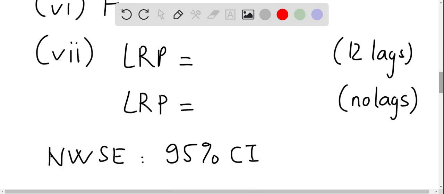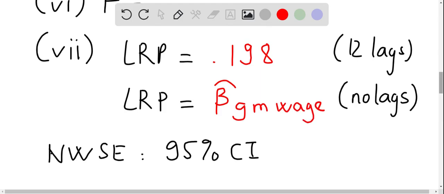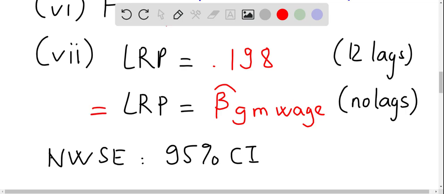Part 7. With 12 lags, the estimated long-run propensity is about 0.198, and without the lags, the estimated LRP is just the coefficient on the growth of minimum wage, which is 0.151.